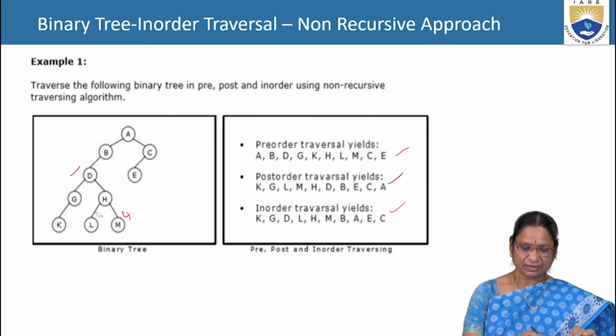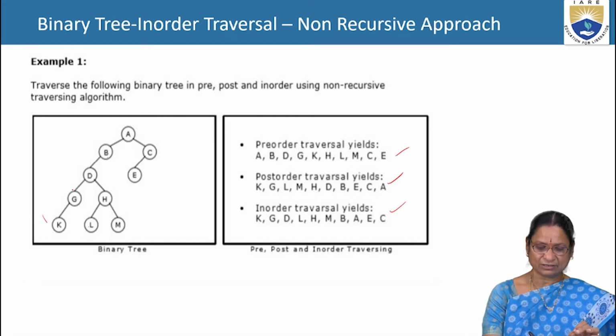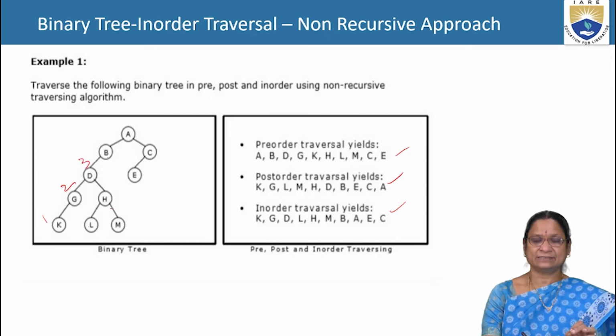Similarly in-order: leftmost first, then root, then right. So this is 1, this is 2, no right. Again 3 is the root, right is this one. In this also again 4, 5, 6. Then we have here 7, no right.